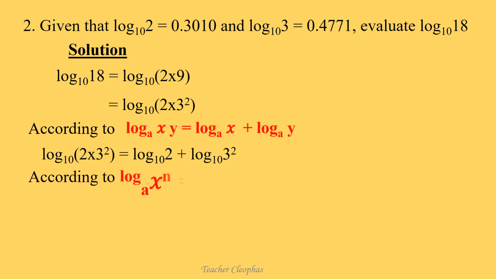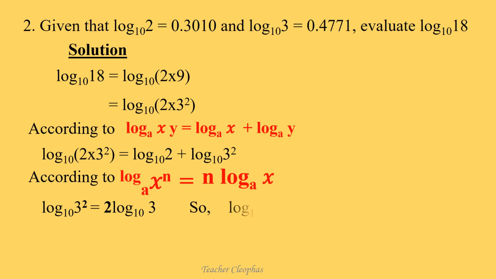Again, according to the third law of logarithms that states that logarithm of x power n to base a equals n multiplied by logarithm of x to base a, we can write logarithm of 3 squared to base 10 as 2 multiplied by the logarithm of 3 to base 10.